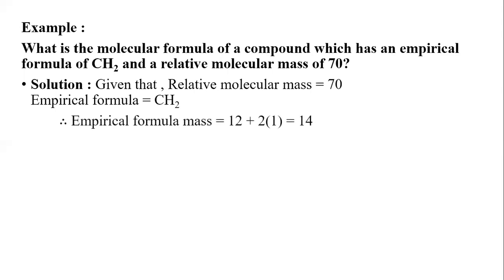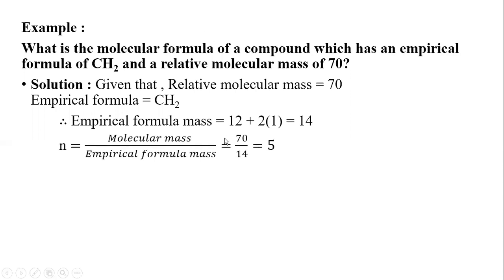With the help of the empirical formula, we can calculate the empirical formula mass and use the formula n equals molecular mass upon empirical formula mass. We can calculate n. So the molecular mass is given as 70 and the empirical formula mass is 14. So that will be equal to 5.